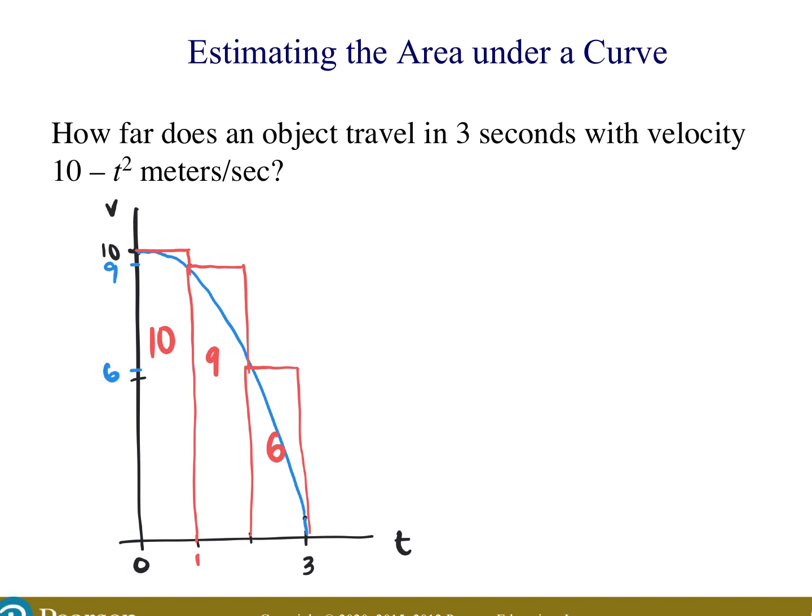All right, so if we add those up, what's the total? 25. How close is that to the area that's actually under the paraboloid? Bigger. It's too much, right? Okay, so we have our first estimate. Our first estimate is 25, and we're pretty sure that's going to be too big.